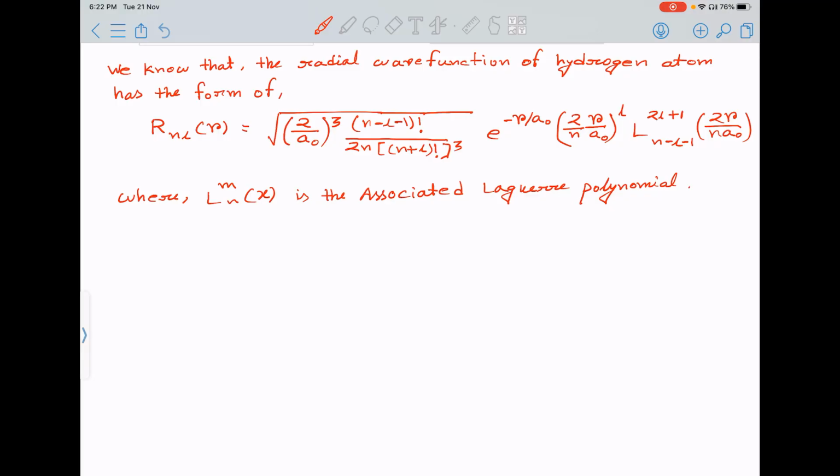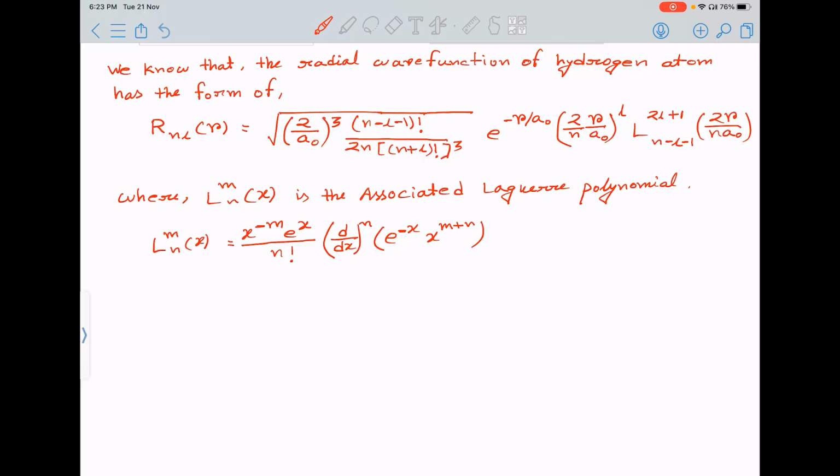Also we can say that L_n^m(x) can be written as x power minus m e power x divided by n factorial, then (d/dx) to the power n of e power minus x times x power m plus n.